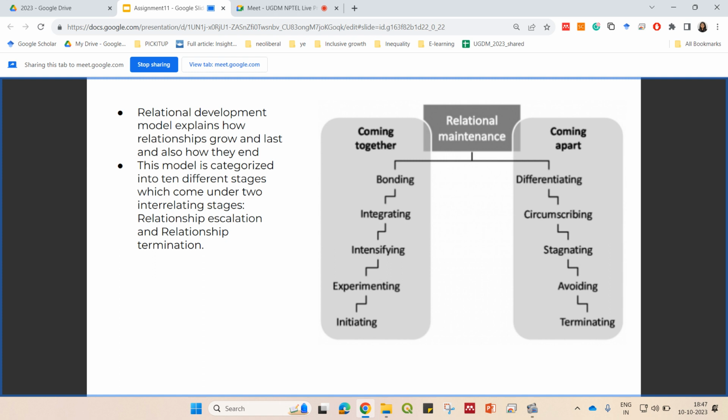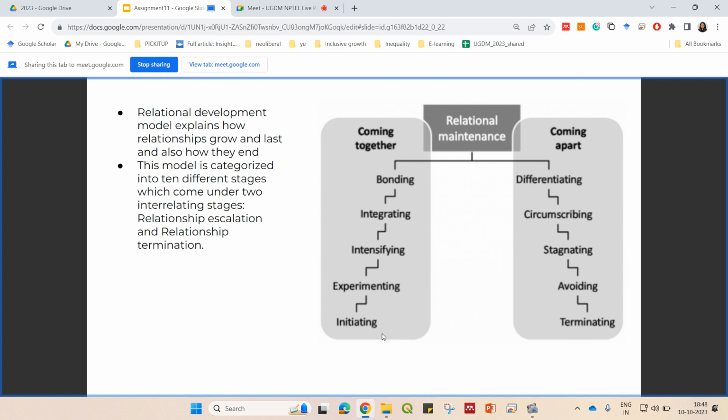It is categorized into 10 different stages, as you can see there: initiating, experimenting, intensifying, integrating, bonding, and then differentiating, circumscribing, stagnating, avoiding, and terminating. Each stage tells you about how a relationship escalates and then how it de-escalates and then slowly terminates.